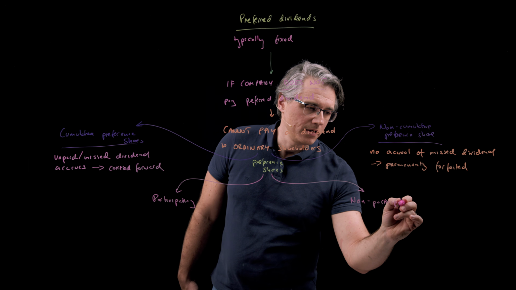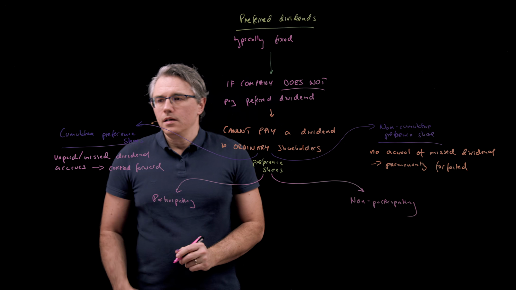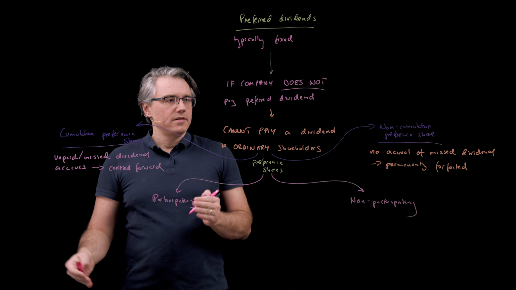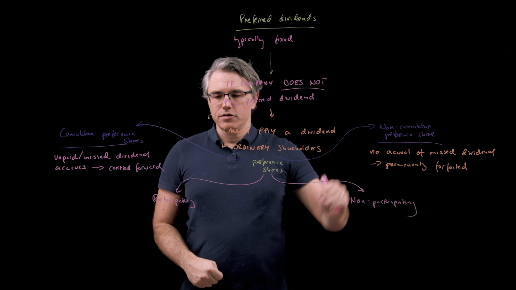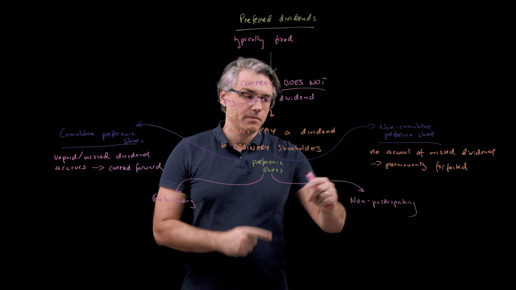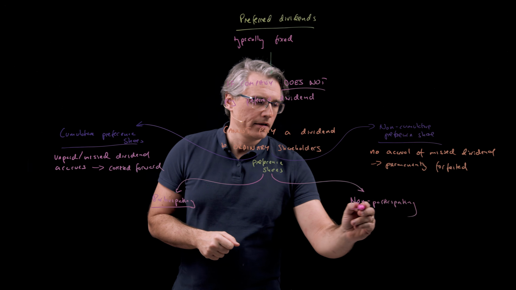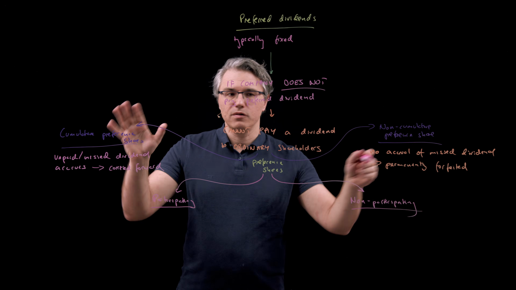Now, bear in mind that cumulative preference shares may be non-participating or participating. Non-cumulative preference shares may at the same time be participating or non-participating. So this is just another dimension across which we can classify. It has nothing to do with the previous split.